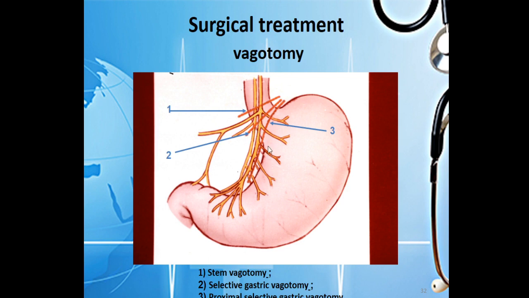We only dissect branches from these trunks to the small curvature, to the stomach fundus and body. We mobilize and cut off these branches. And we preserve, of course, the small goose paw, so the innervation of the antral part and pylorus.